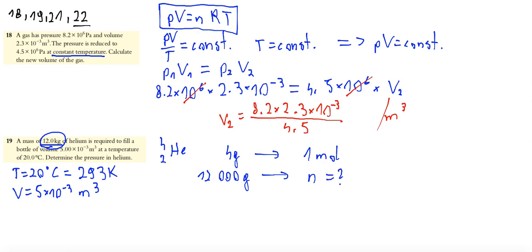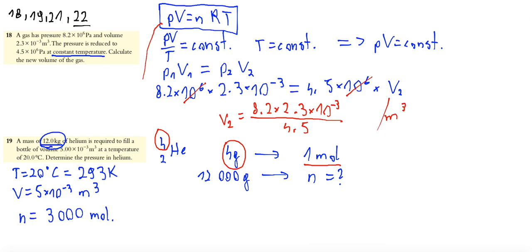So this times this equals this times this, so the number of moles is equal to 3,000. Remember, in this writing, this is mass in grams, which corresponds with 1 mole amount of substance.